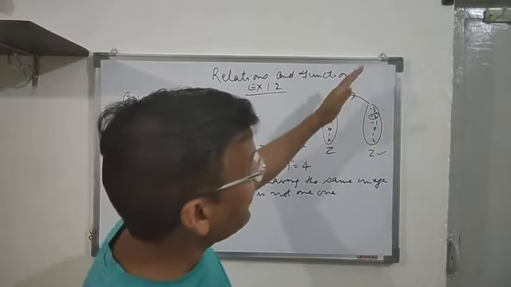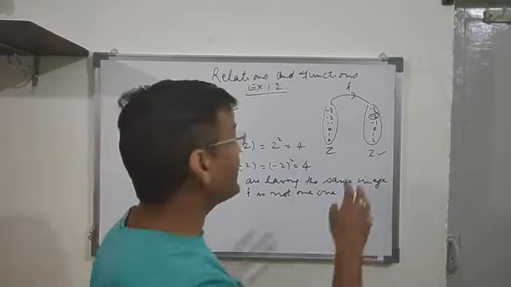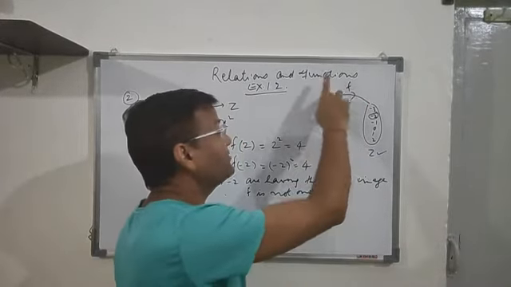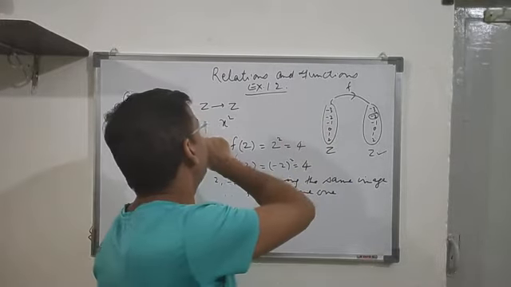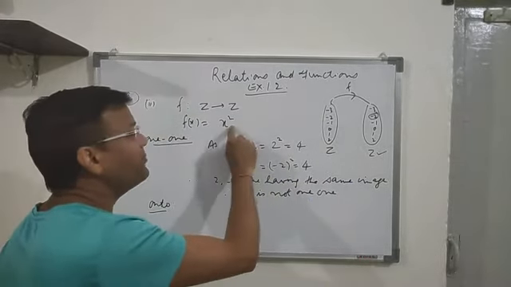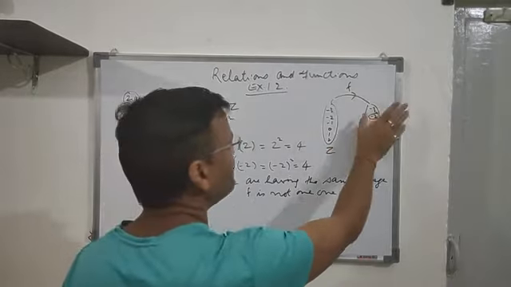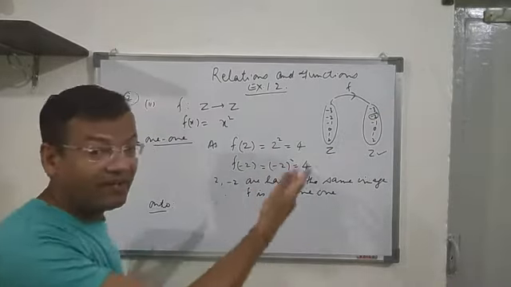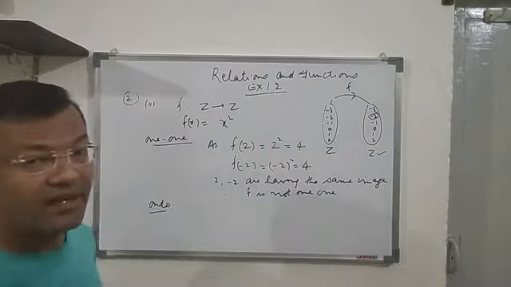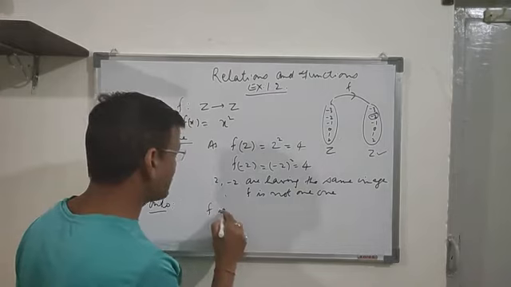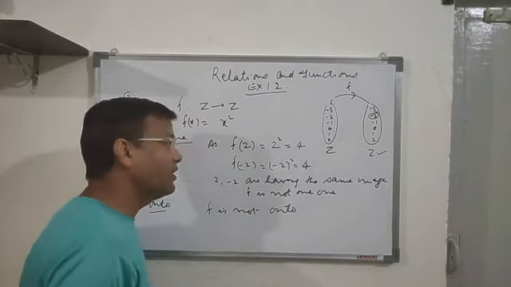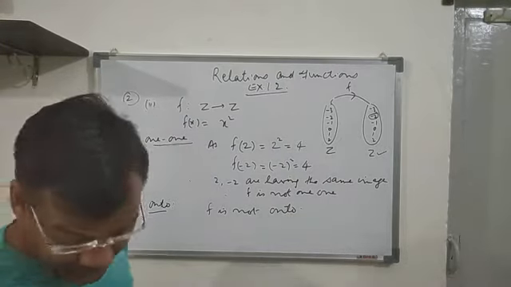Whenever you put a negative number here, you will get a positive number. So by observation, by giving an example, we can see that f is not onto. So this function is neither 1-1 nor onto.